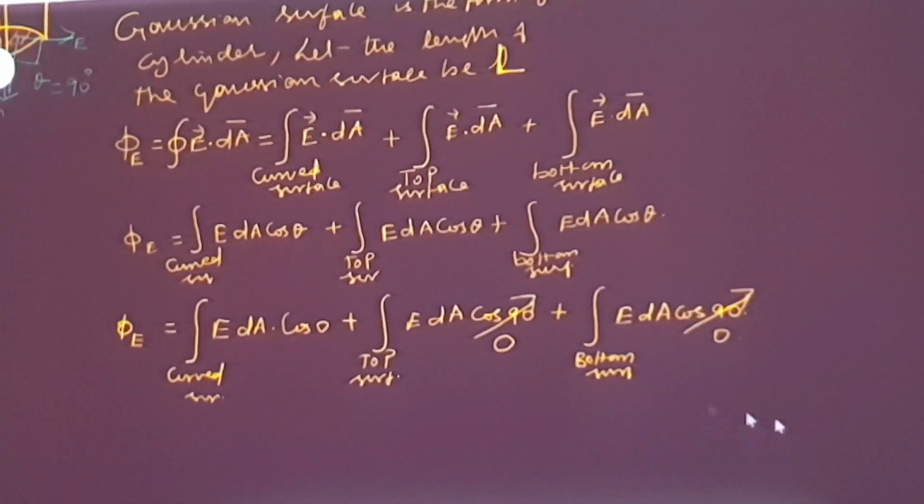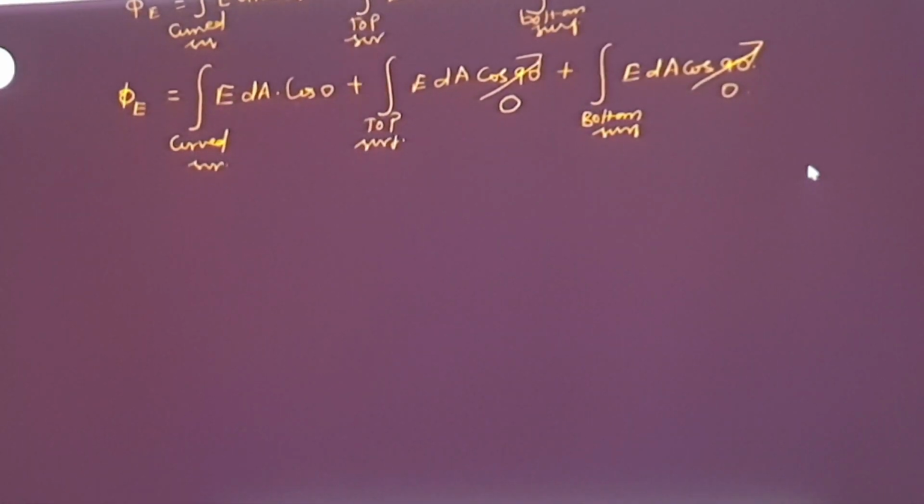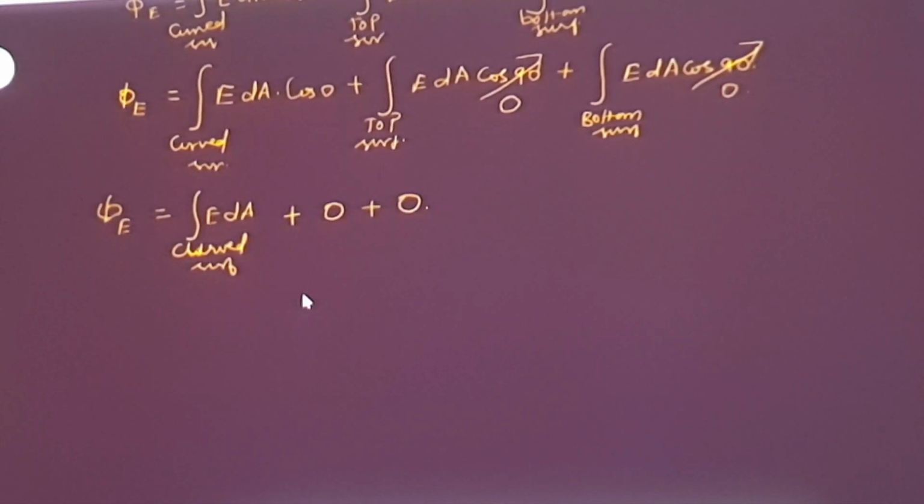So what is the value of the flux then? Phi of E is equal to the integral of E into dA for the curved surface, plus, since cos 90 is 0, the flux due to the top surface and the bottom surface becomes 0. So it is equal to the integral over the curved surface of E into dA.